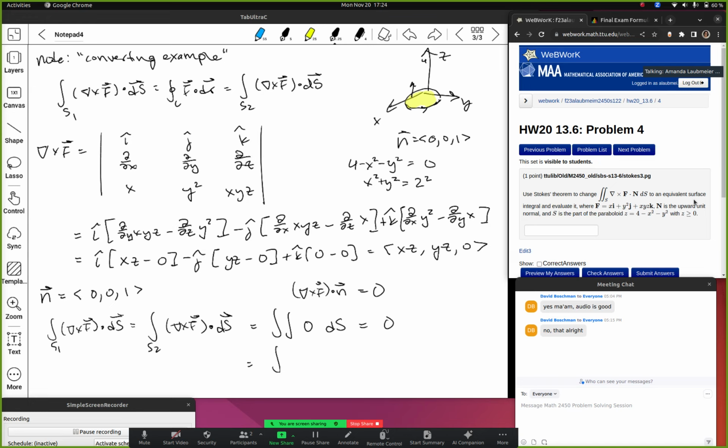The way we would have set this up would be to go from 0 to 2 pi, and from 0 to 2, with the thing that's inside times r dr d theta. But again, you don't need to do that because we have a 0, so we know that this integral will be 0. Same as with 1D integrals.